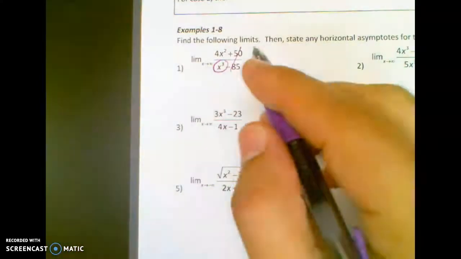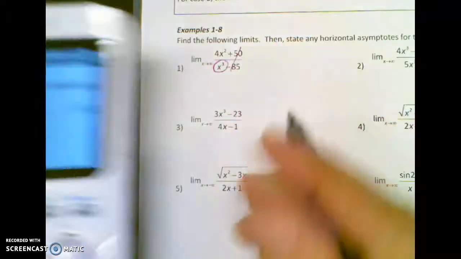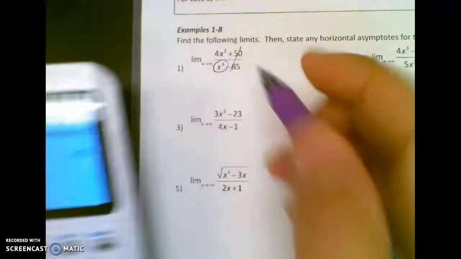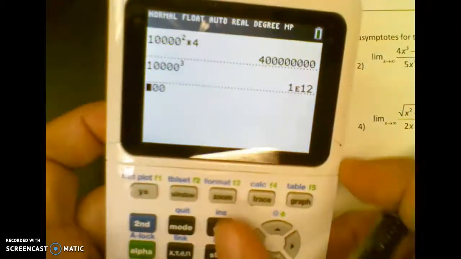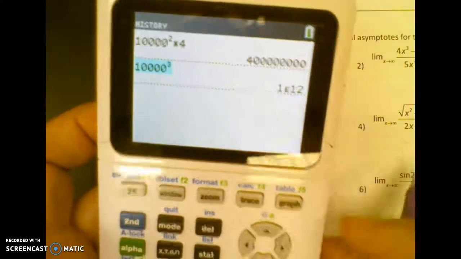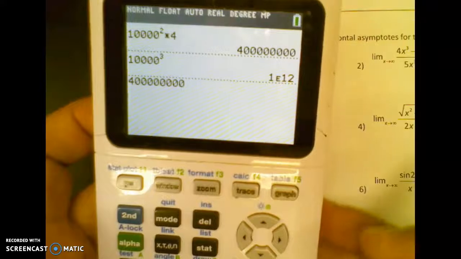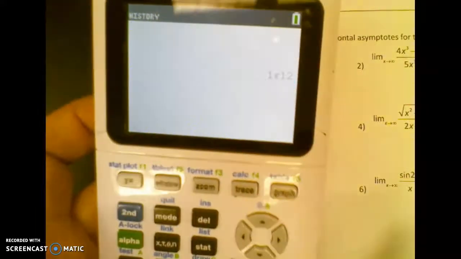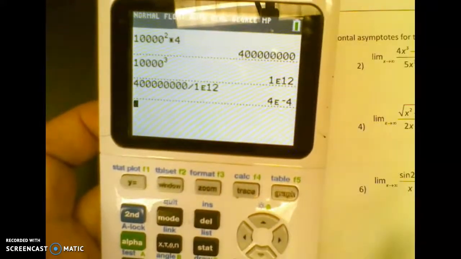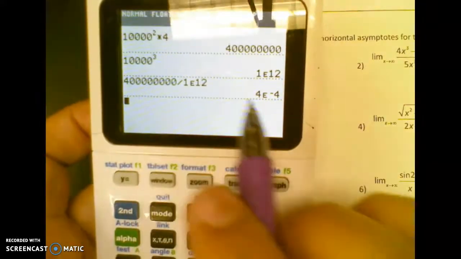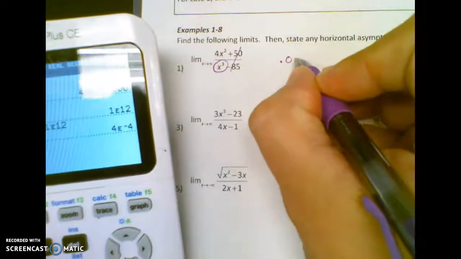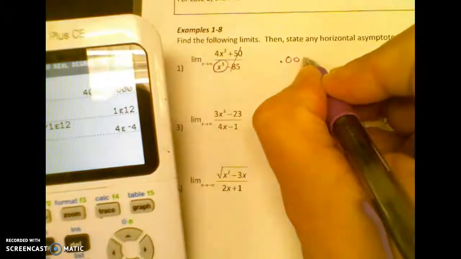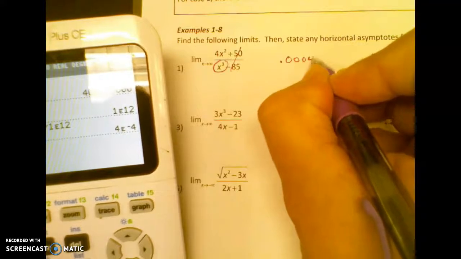Well, what happens when you take these two numbers divided by each other, because it's like the top divided by the bottom. So if I took 400 million, oh, why am I even typing this? Hold on, let me just go grab it. 400 million divided by that number is 4e negative 4, which means 0.0004.